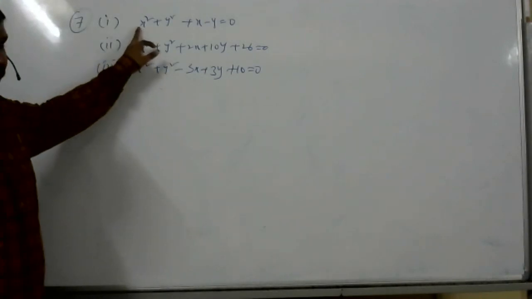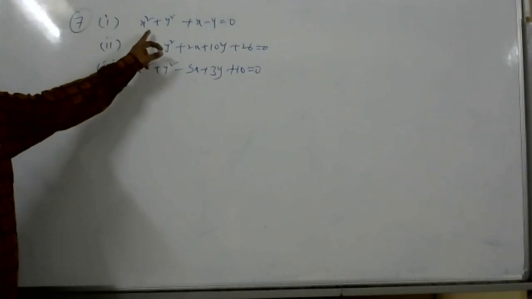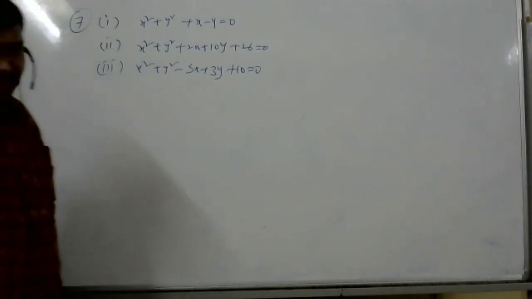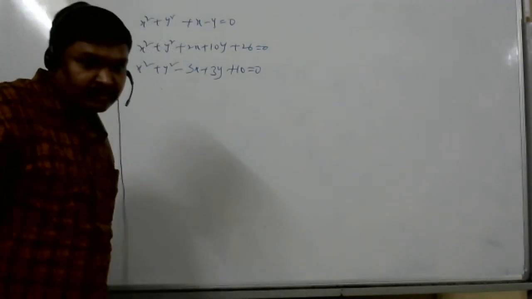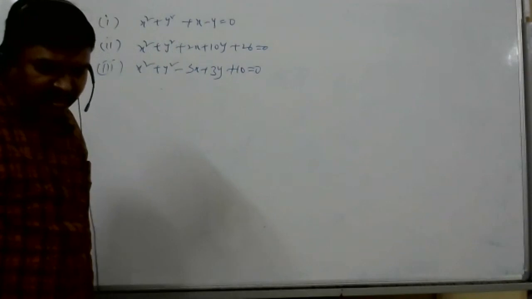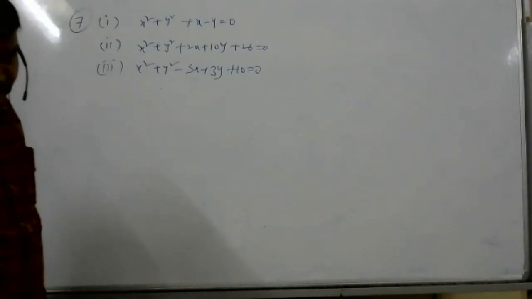First one, a circle. Yes, sir, it is a circle. Next, the second one: no circle. Yes, sir, no circle.